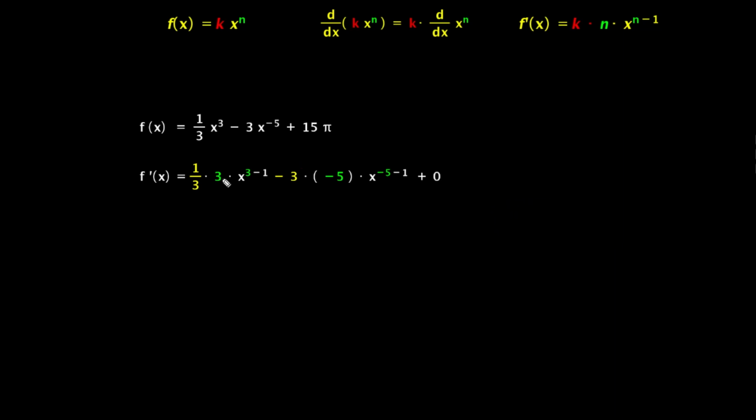Simplify this too, and the rest doesn't get simplified. So 1 is just 1 times x to the power of 2, which is just x to the power of 2. Negative 3 times negative 5 is positive 15, and x with the power of -5 minus 1 is -6. 0 is a 0. All we have to do is write the x squared, and just simplify it using the exponent law. 15 is on the top, x to the -6 goes down with x to the power of +6.